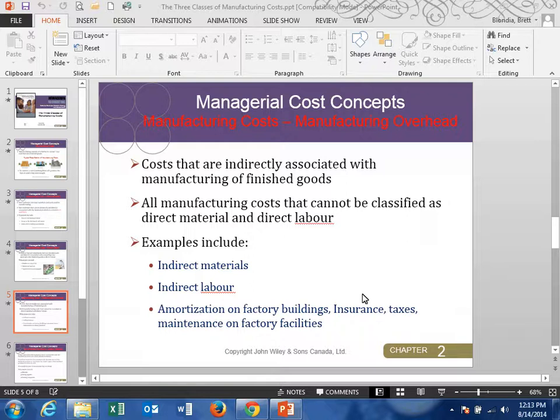So it's required to make all the different things that they make. They have to use it to do what they do, but it's not directly associated. It's not like it's the wood that was physically taken to be converted into that table or into that chair. It's indirect in nature. So it gets captured by the manufacturing overhead umbrella.